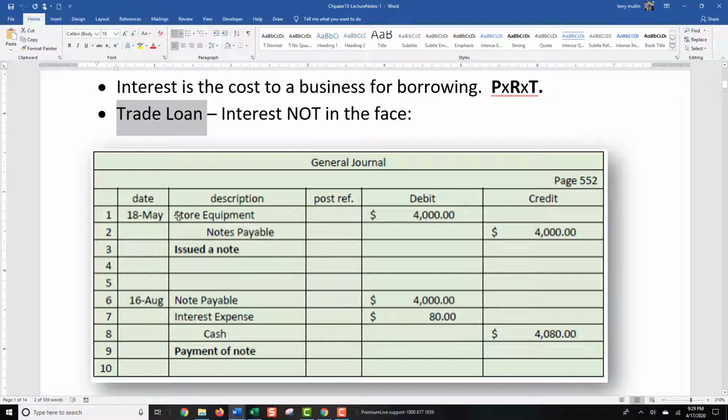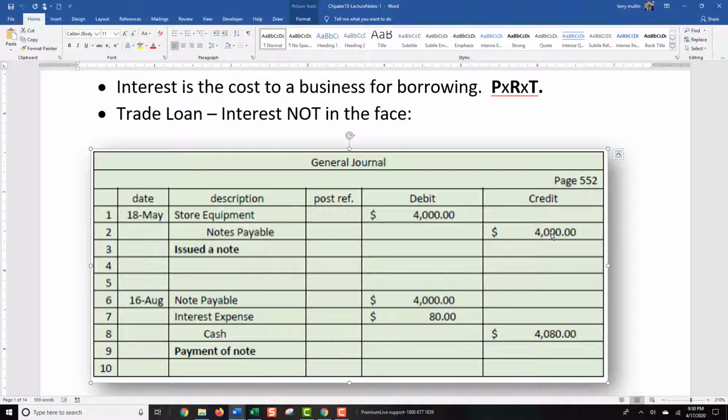So what you're going to record on your books is the store equipment that you purchased, and that you owe the company that you bought from a notes payable. And again, remember, notes payable is different than accounts payable because it's more formal.